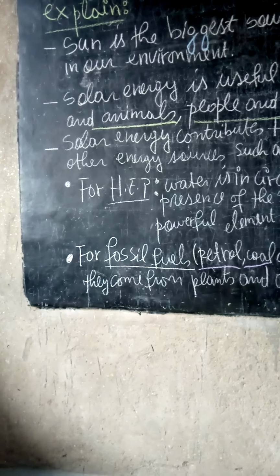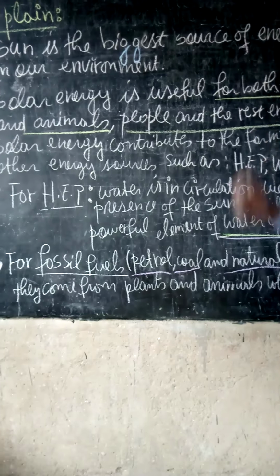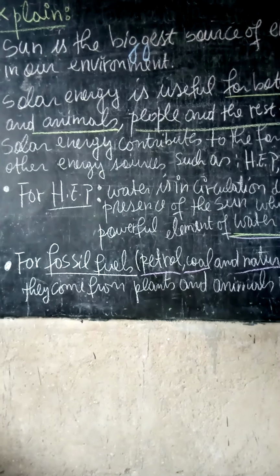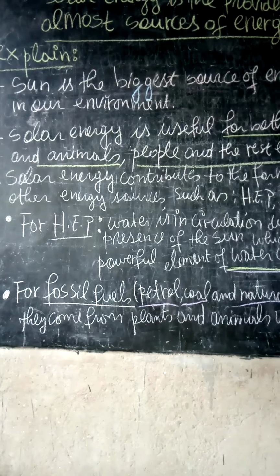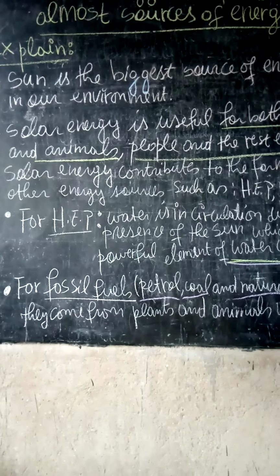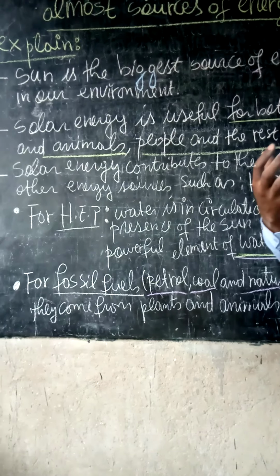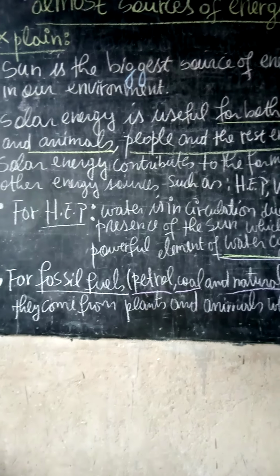For fossil fuels like petroleum, coal, and natural gas, how is the sun their father? They come from plants and animals. Those plants lived because of the presence of the sun.